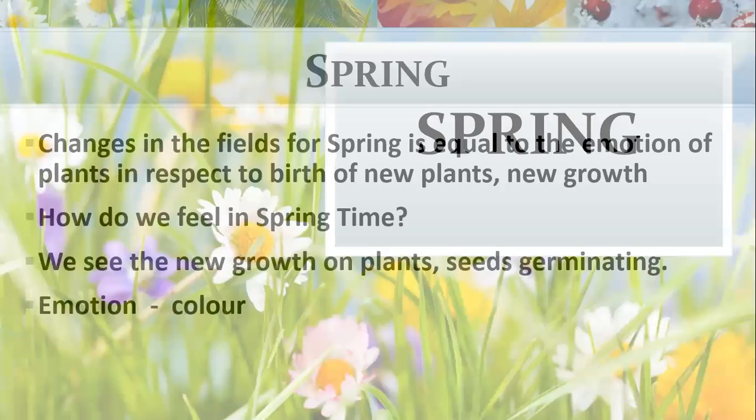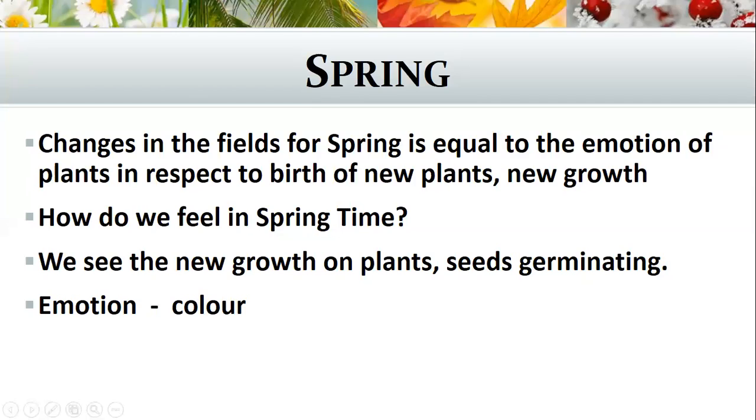Okay. In springtime, the changes in the fields for spring are equal to the emotion of the plants in respect to the birth of new plants, new growth. It's sort of new beginnings to the plant life, and it's the same as us. How do we feel in springtime? Coming out of winter, we're all quite depressed, but as soon as springtime hits, it's just a change of energies.